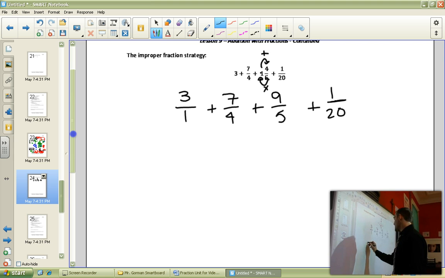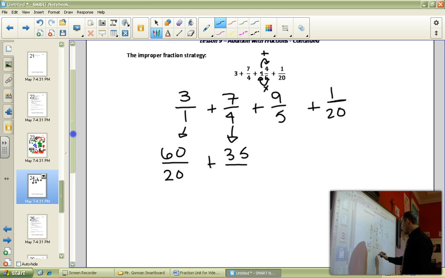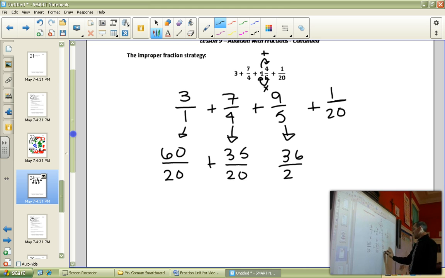But right now I'm just going to tell you it's 60 over 20 plus, bring that down, 35 over 20 plus 36 over 20. And finally, 1 over 20.